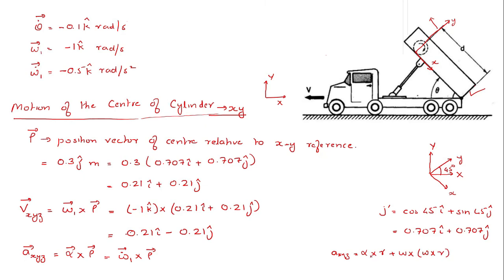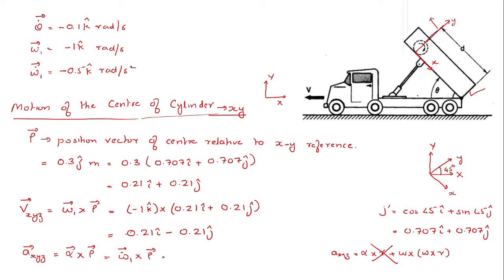But here there is a difference. Here we are finding the corresponding acceleration of the center of the cylinder with respect to the bottom of the loading compartment, that would be the instantaneous center. So instead of this equation here, we'll have to use this equation. That is the difference here, because here we are looking at the center.